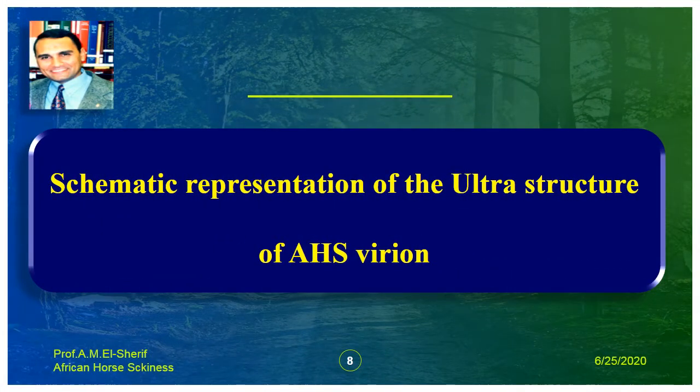For understanding the African horse sickness molecular pathogenesis, we have to understand the ultrastructure of the African horse sickness virion. So, in the following, we will discuss and clarify the schematic presentation of the ultrastructure.